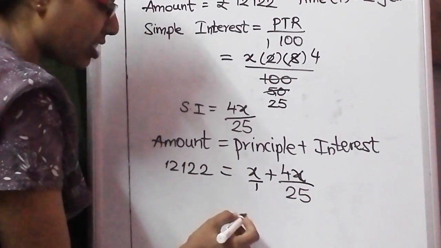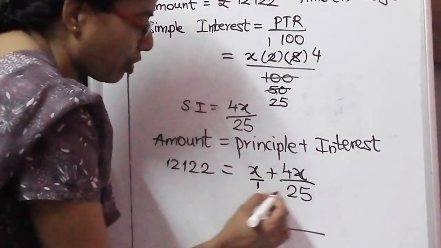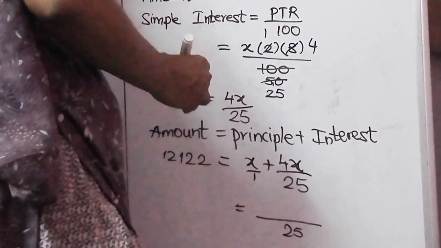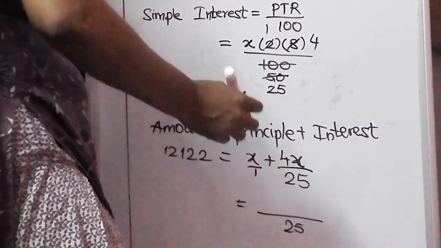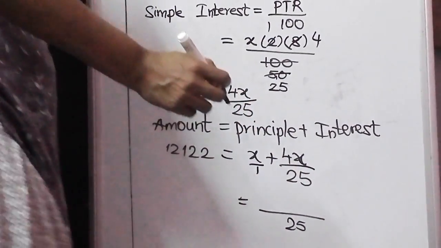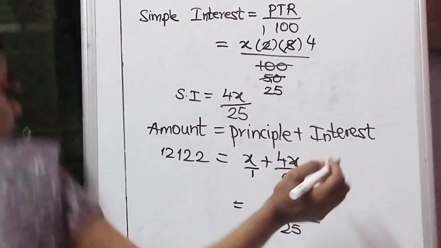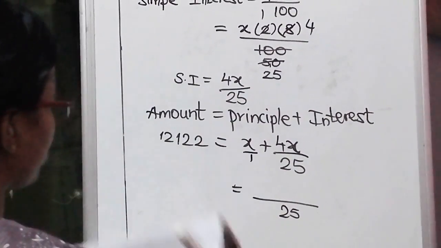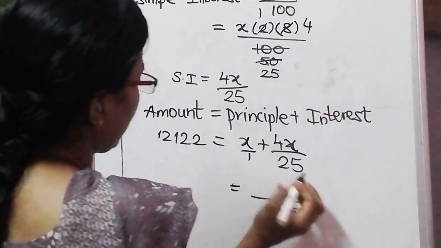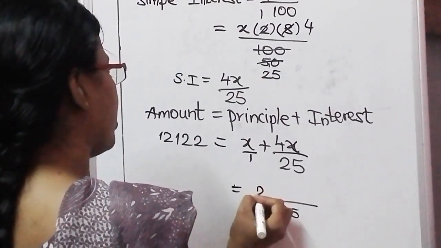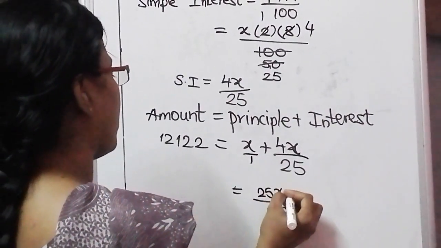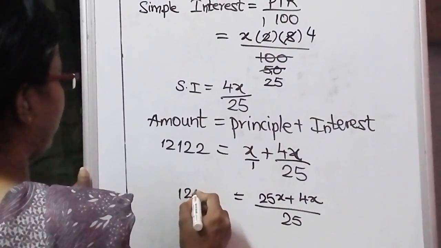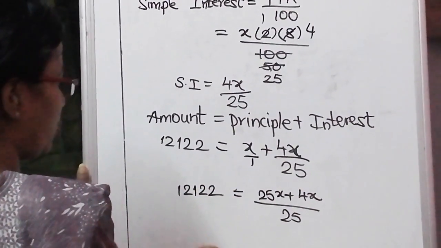Take LCM this side. So the LCM for 1 and 25 is 25. So now 1 into 25, x into 25 we need to multiply. So this is nothing but 25x plus 4x. This is equal to 12,122.